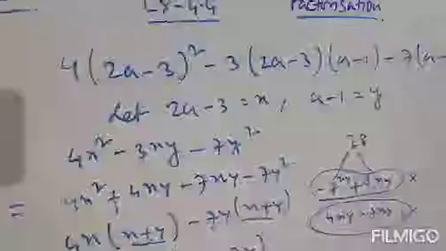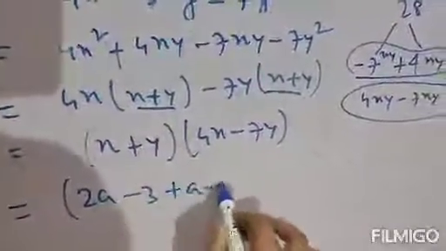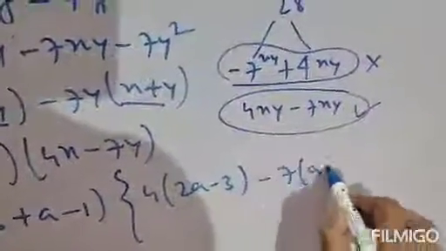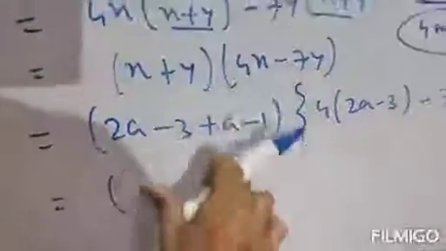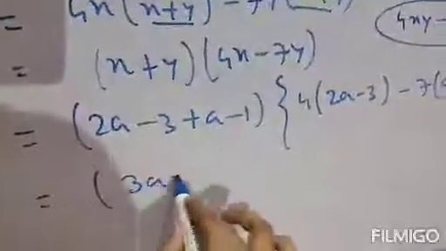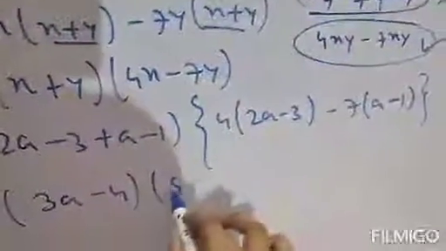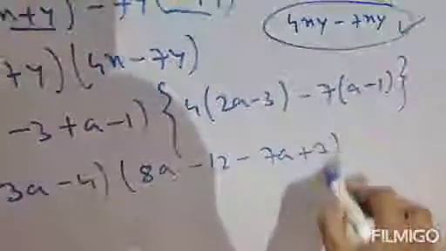Now put the values of x and y. x was 2a - 3 and y was a - 1. So x + y is 3a - 4, and 4x - 7y is 8a - 12 - 7a + 7.